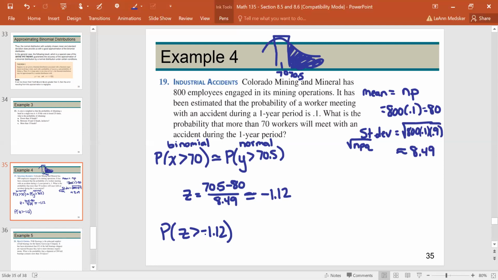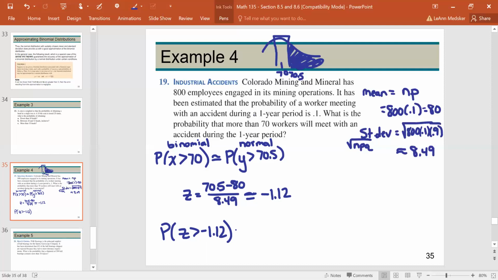And let's see where that is. Negative, let me double check my math too, because I typed that really quick. 70.5 minus 80 divided by the 8.49. Yes. So when I look up negative 1.12, I get 0.1314 as the decimal.